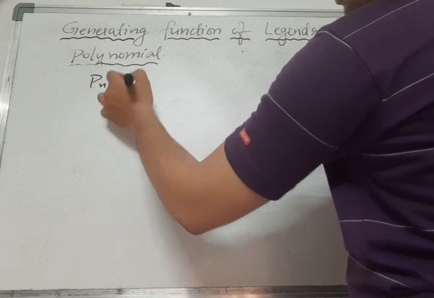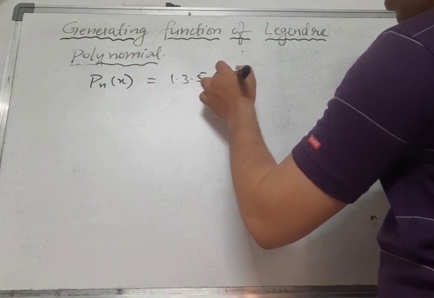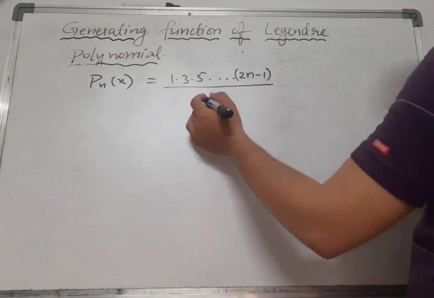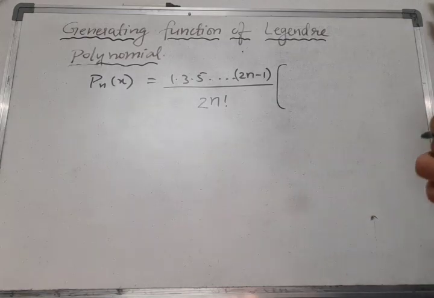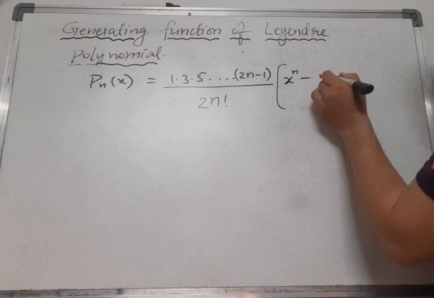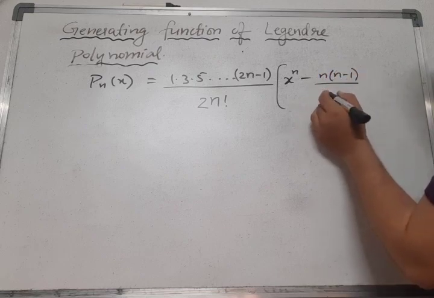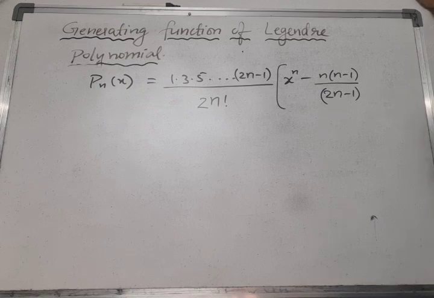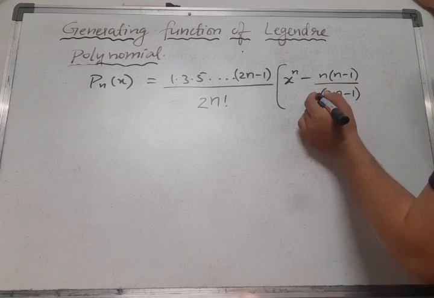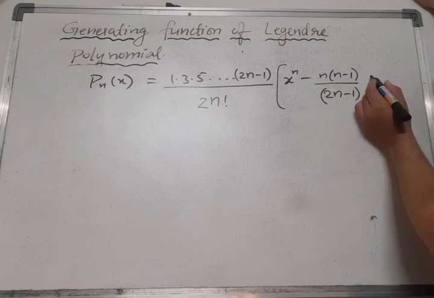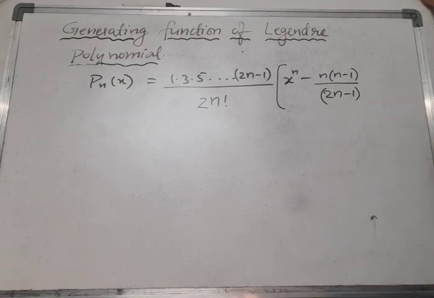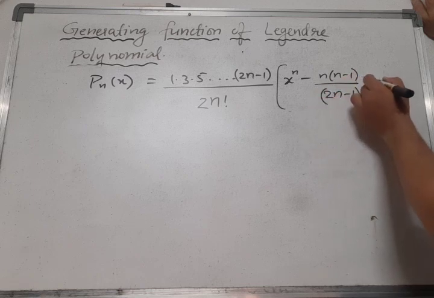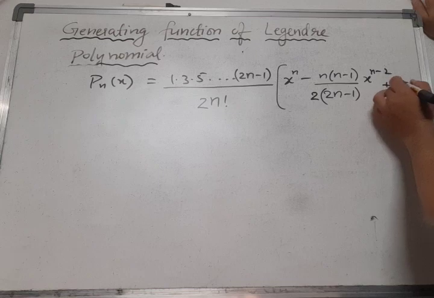Pn of x is 1 into 3 into 5 into so on 2n minus 1 divided by n factorial, into x power n minus n into n minus 1 by 2 into 2n minus 1, x power n minus 2, plus and so on.